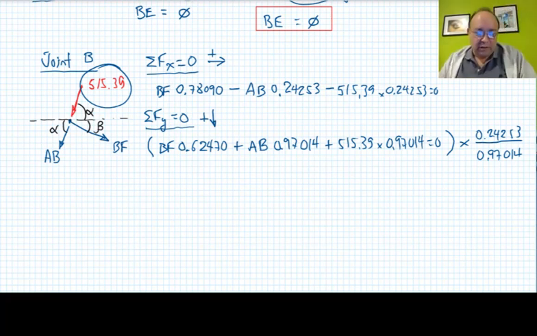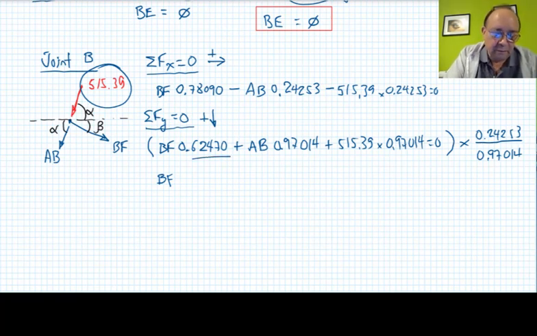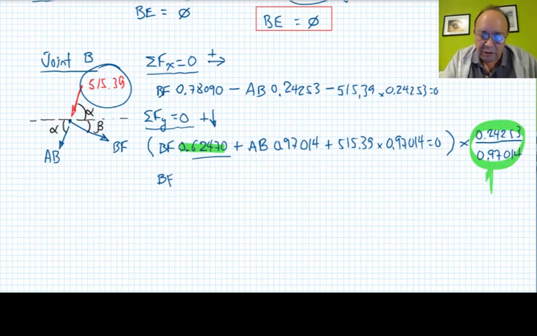So what will be? Then this will be BF times 0.6247 multiplied by this term. I'm going to put this term in a memory of my calculator. 0.24253 divided by 0.97014 equals, and I put it into a memory, it's actually a very easy number.